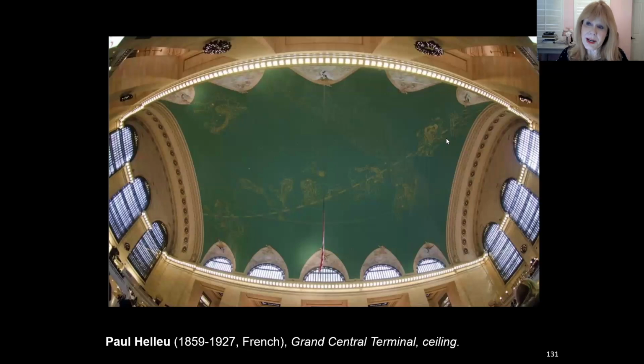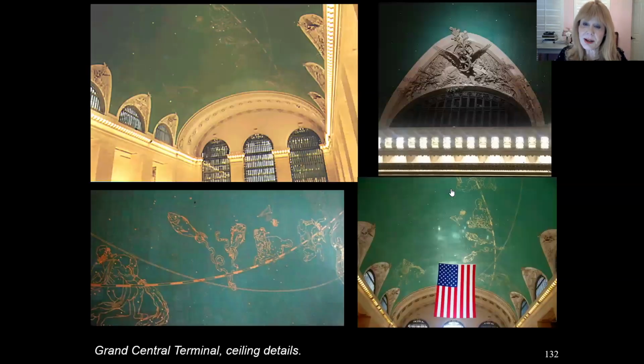And so on the ceiling, showing the astrological symbols, Paul Helleu had seen an image of a manuscript, and I wish I could find that specific image. But in creating the ceiling, when you look up at the astrological signs, the manuscript that he saw, a manuscript from the Middle Ages, described an image of the heavens where God was actually looking down.